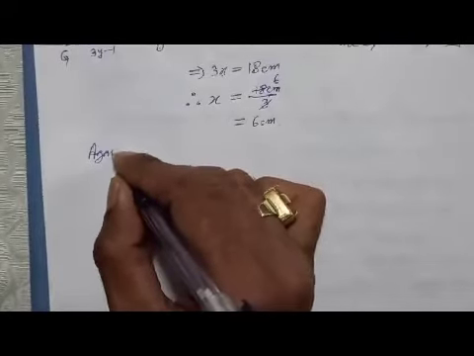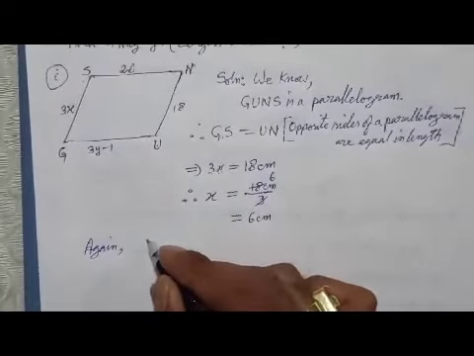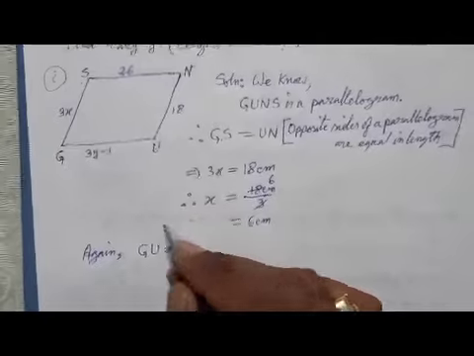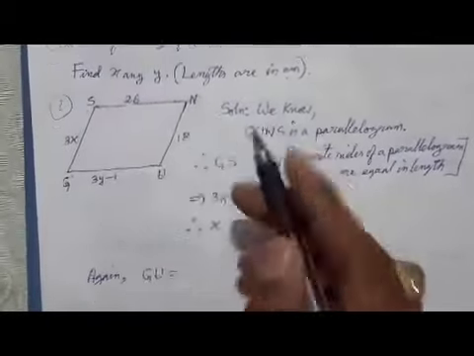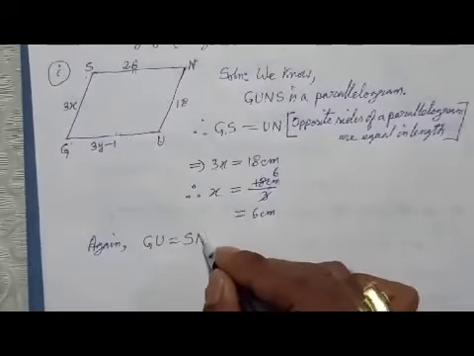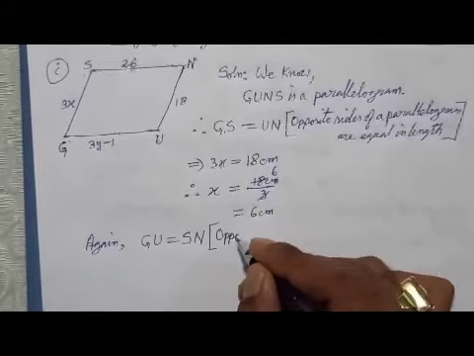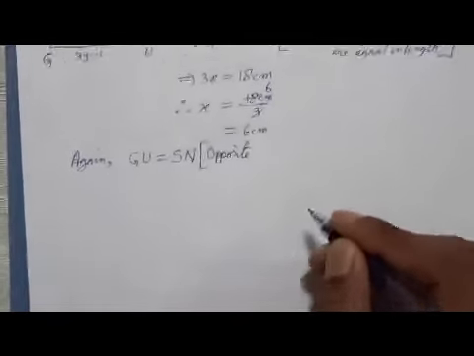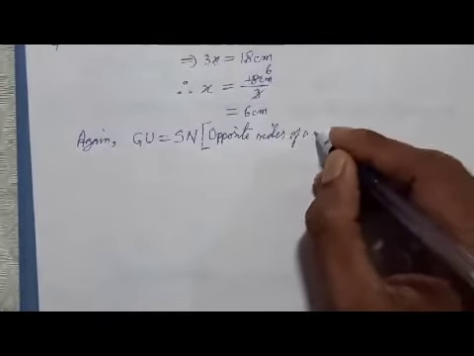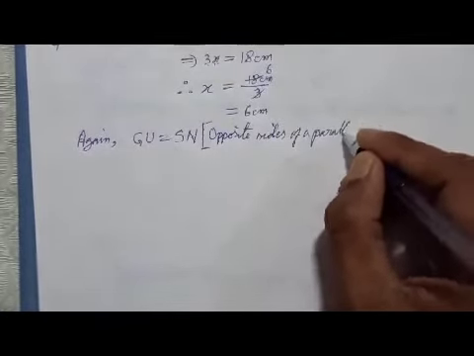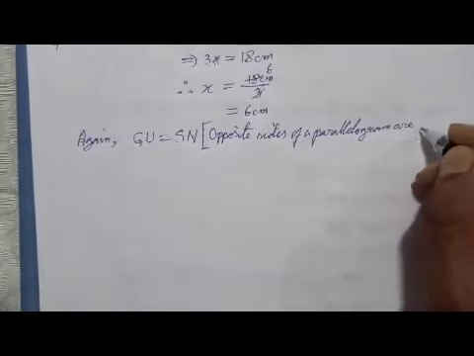Again, GU side, this side is opposite to this side, SN. So opposite sides of a parallelogram are equal.